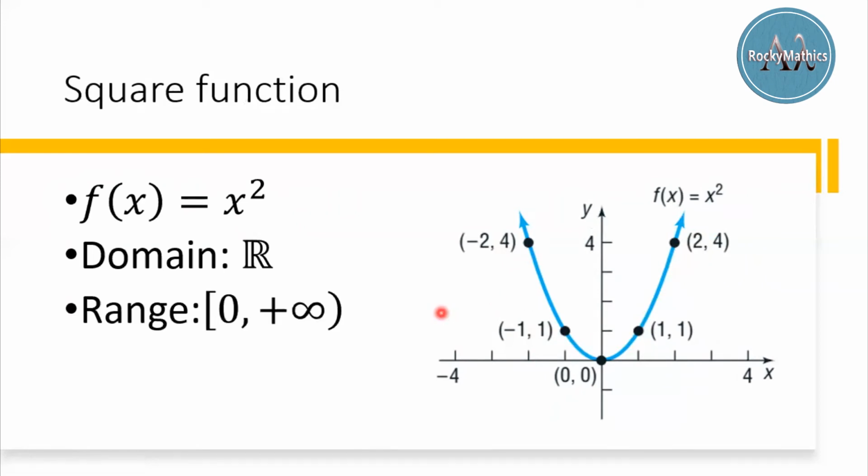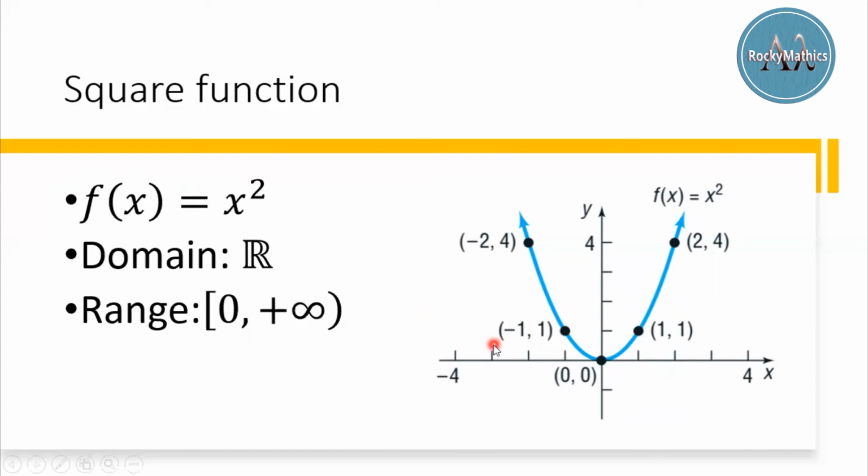However, the range of x squared is 0 to positive infinity. Why? Because for any value in the set of inputs, if you input that one, the result is always positive if it's not 0.